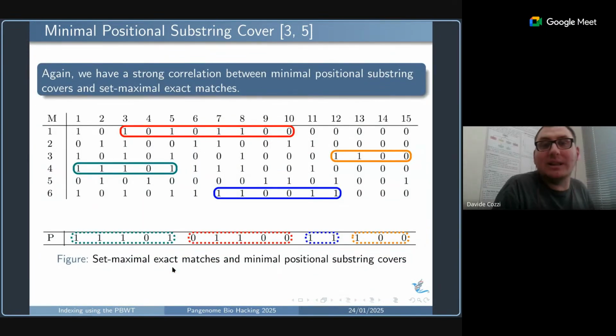This is an example. Again, we have a strong correlation between this problem and the set maximal exact matches finding problem. We have, for example, a coverage that is exactly the first SMEM on the left. Then we are not interested in overlaps, so we can skip the first 3 columns of this match and just focus on the last 5, and we continue until scanning the entire pattern.